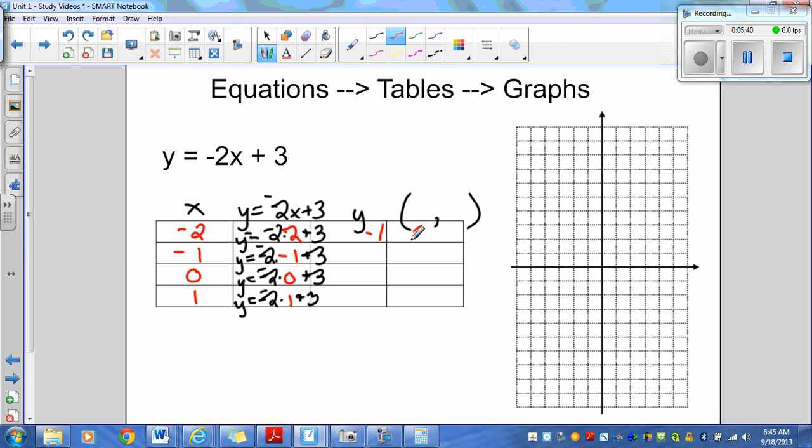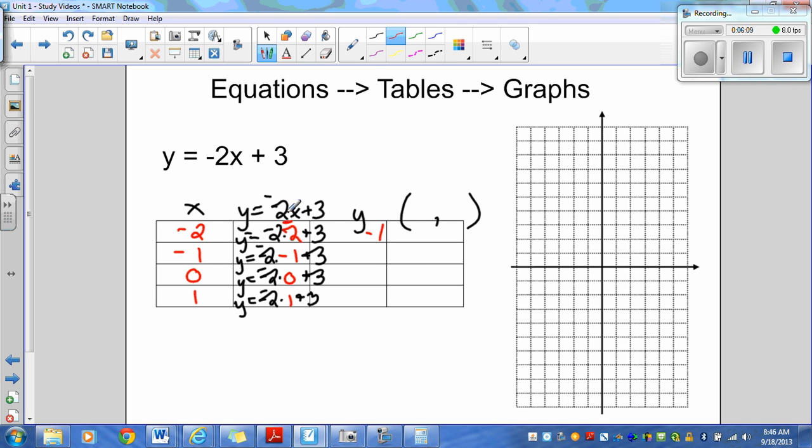The first point you're going to plot is negative 2, negative 1, which means you go left 2 and down 1. Wait, because of that, I didn't notice that this was negative.